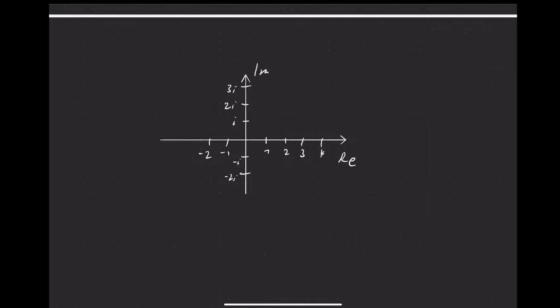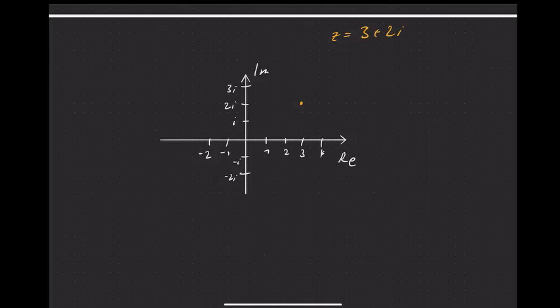Now, let's just take an arbitrary complex number. As an example, we'll use the number 3 plus 2i. And that corresponds to the point 3 units to the right, 2 units along the imaginary axis.